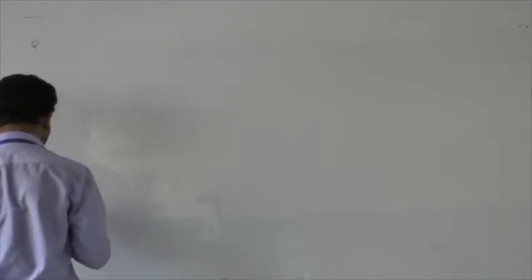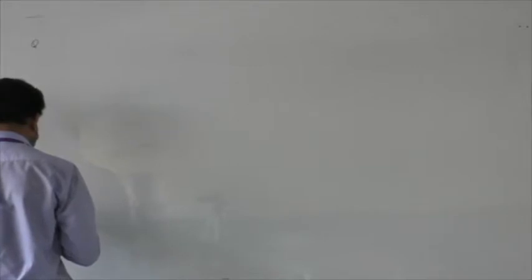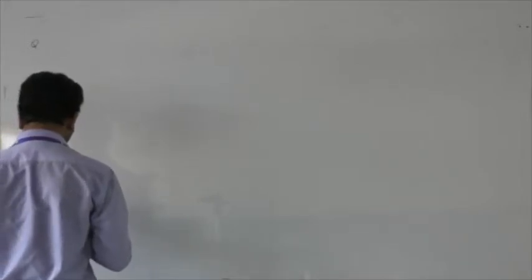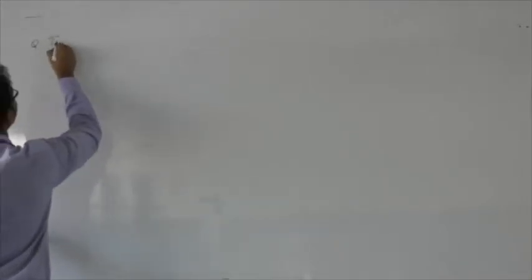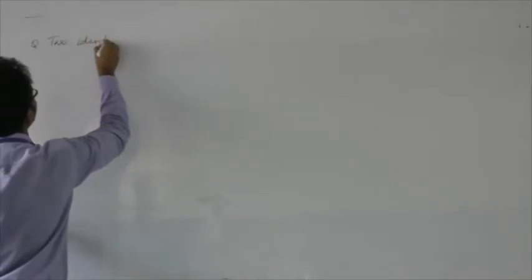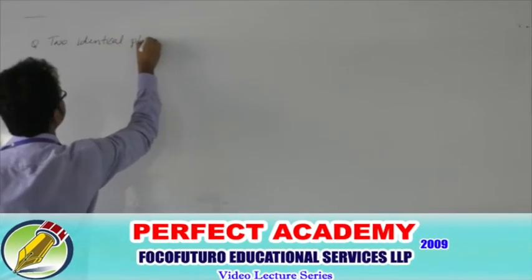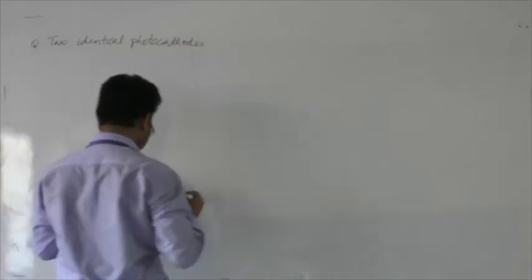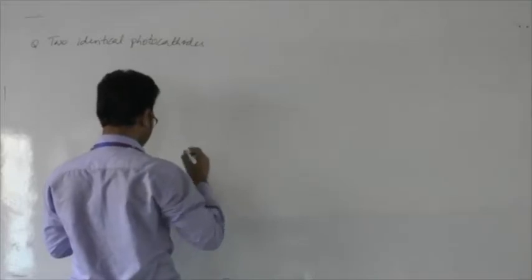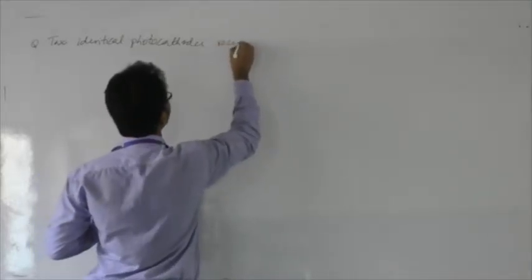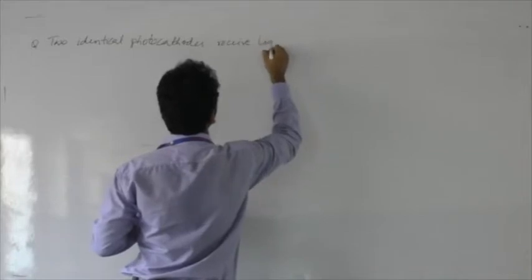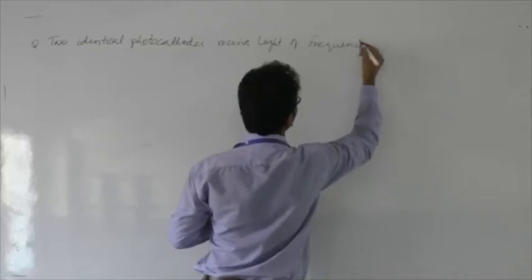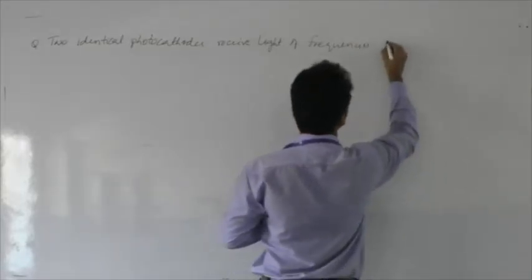I will give one more practice sum for you. Two identical photocathodes, because this is also easy. Two identical photocathodes receive light of frequencies F1 and F2.